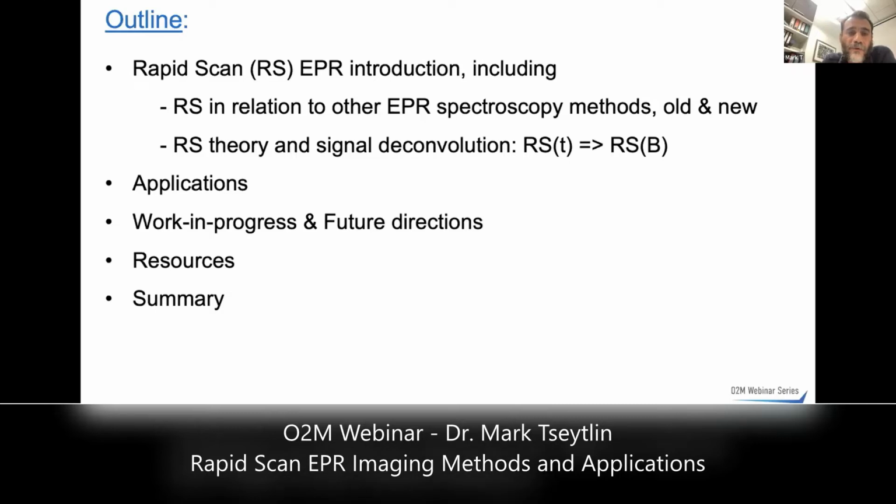I'll go over the theory of rapid scan and how the rapid scan signal gets processed, how we get spectra out of EPR signals, then talk about applications, some new directions, and work in progress. I'll also share some resources which people can use to learn about rapid scan, and actually how to play with rapid scan software, and there will be a summary.